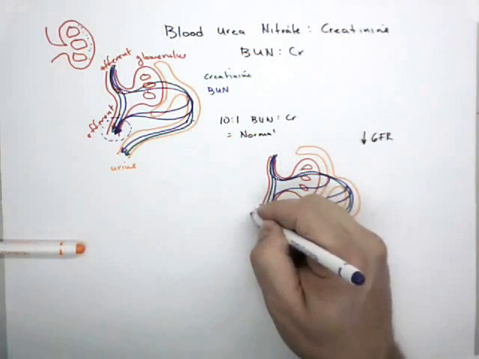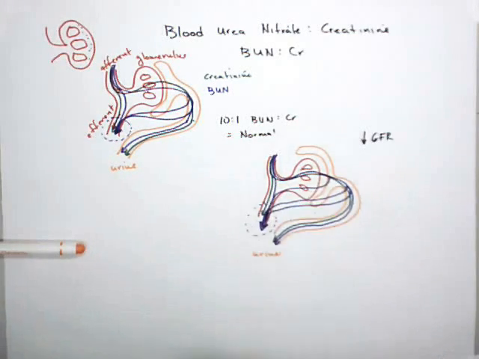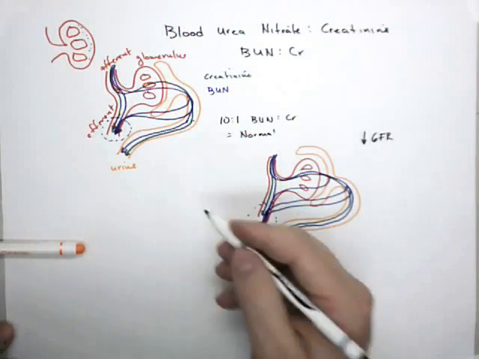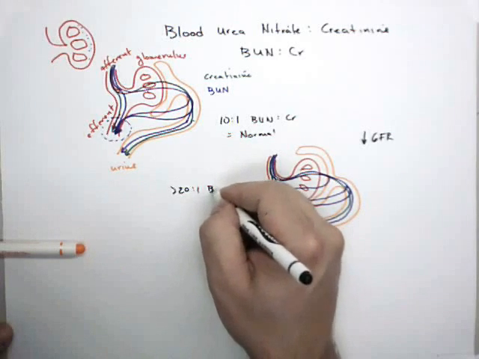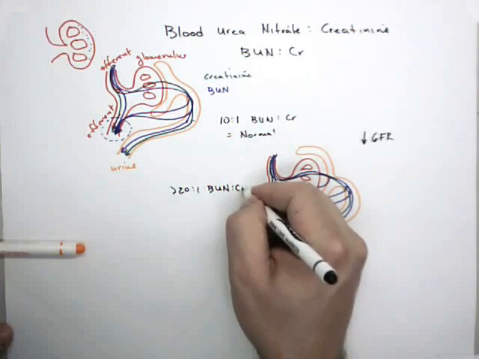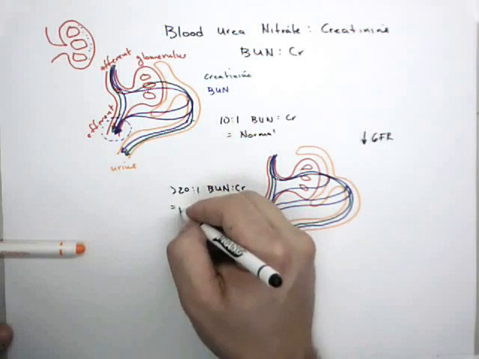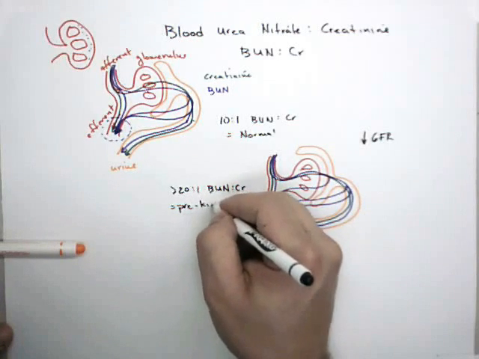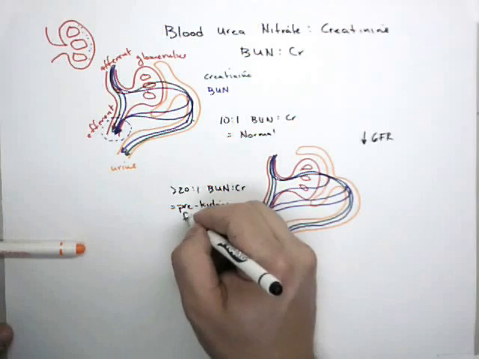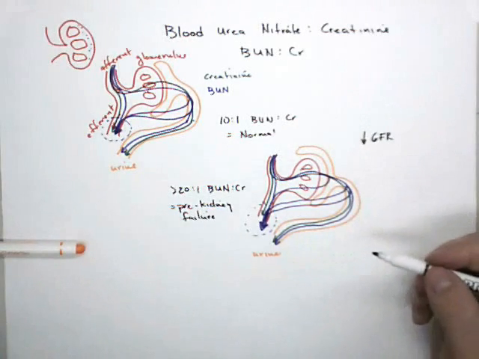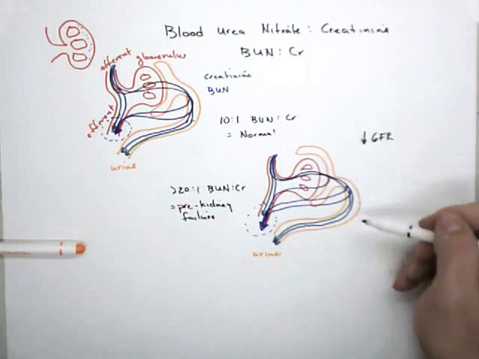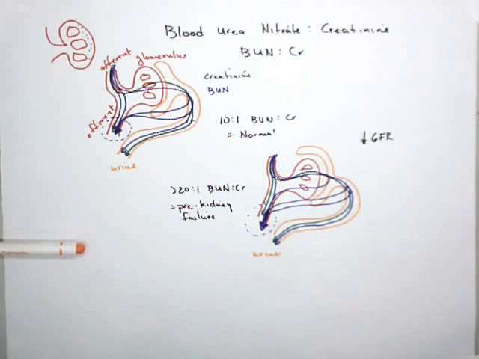So again, if we look at this ratio right here, we'd expect a much higher ratio of BUN to CR. So this would be greater than 20 to 1 BUN to CR, which equals pre-kidney failure. The kidneys are still working, and stuff is still entering the nephrons. We're still getting rid of creatinine, obviously, but things are going so slowly that something is wrong. Something is developing.